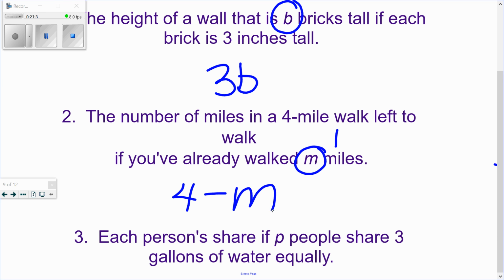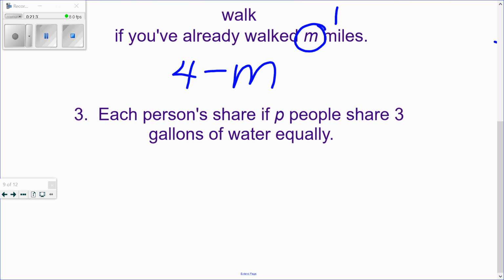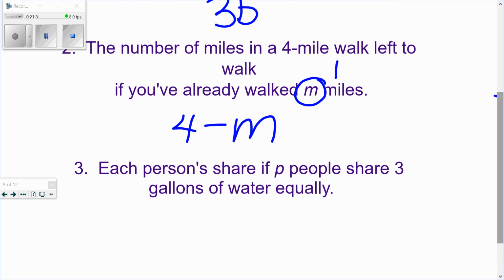Each person's share, if P people share 3 gallons of water equally. Again, P people, let's say there are 6 people. 6 people are sharing 3 gallons of water. Equally, we already said, was divide. I think that was in our chart earlier, right? So the question is, if you have 6 people sharing 3 gallons, would you do 3 divided by 6 or 6 divided by 3?